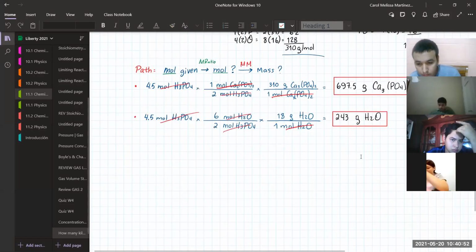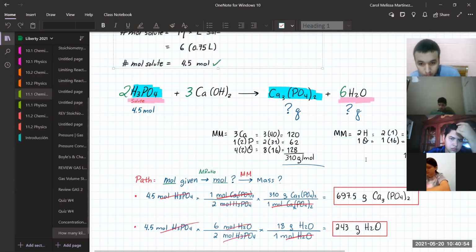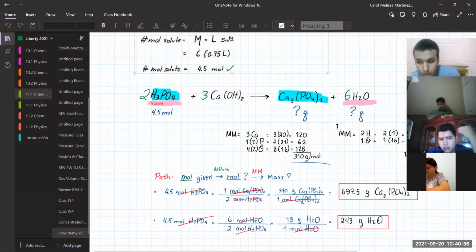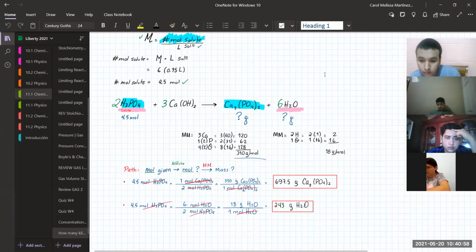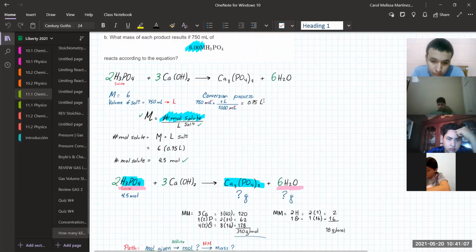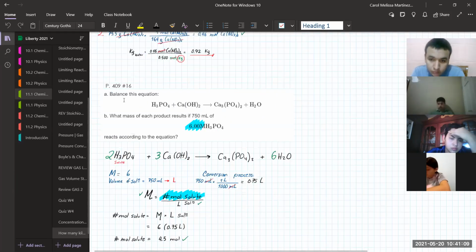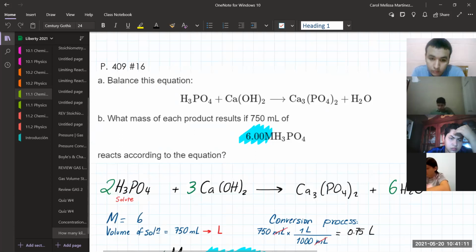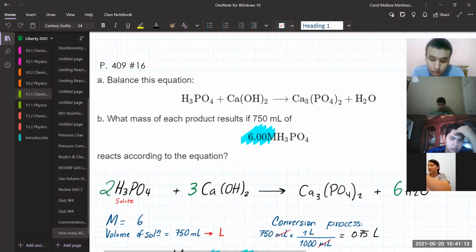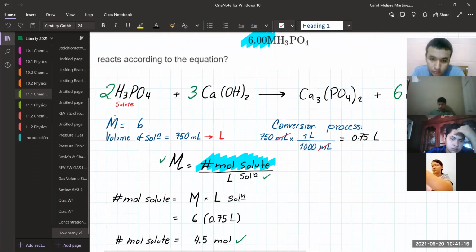The rest is pure stoichiometry. That is a procedure that you are familiar with. But sometimes when we move on, we tend to forget procedures that we used to do before. So that's why I wanted to explain this exercise for you to see what to do in the case that the exercise is asking you to do a stoichiometric process.